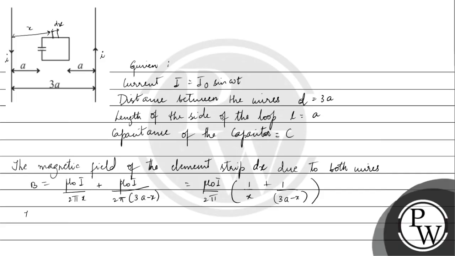So flux is phi. Because we are looking at the flux through the element dx, it will be d phi which is equal to B into dS.